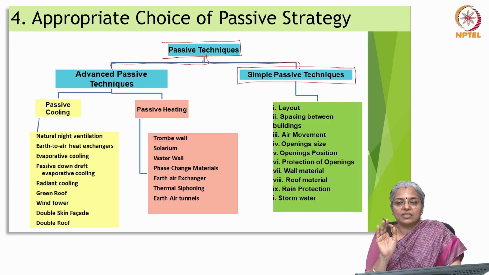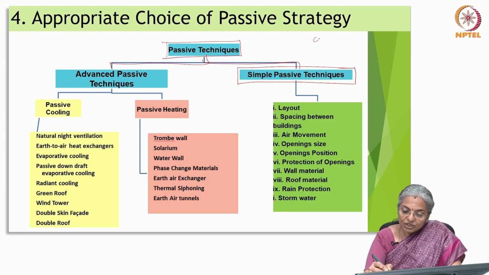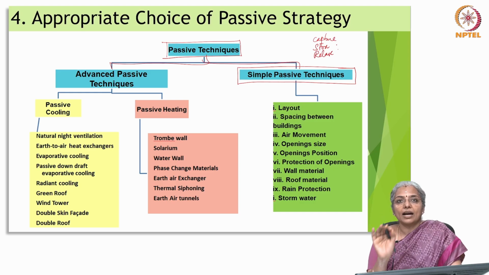Simple passive strategies are strategies that do not require any specific contraption to capture, store and release any kind of heat in the cold climate and chillness in the warm climate. They operate purely on natural principles of conduction, convection, radiation. So, these strategies do not require any specific contraption or gadget.